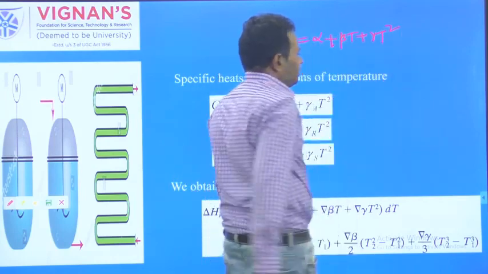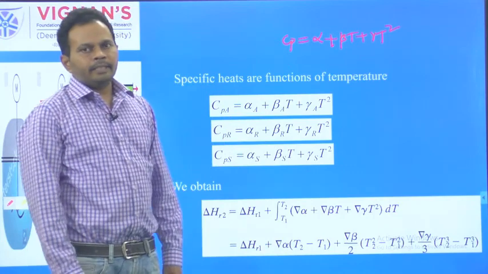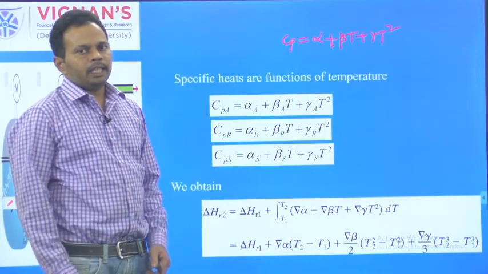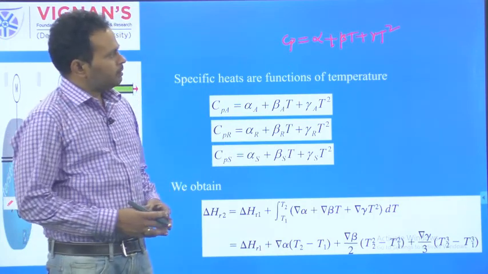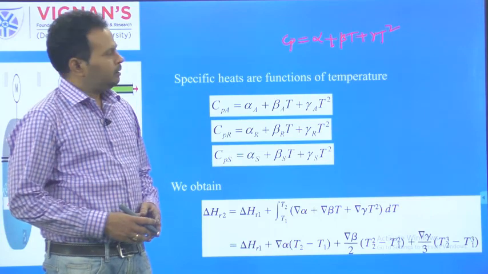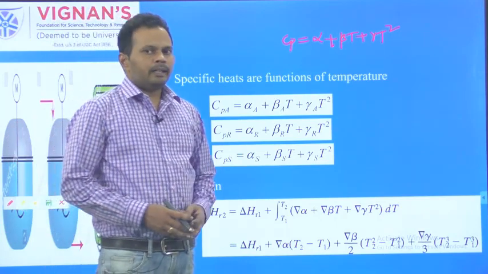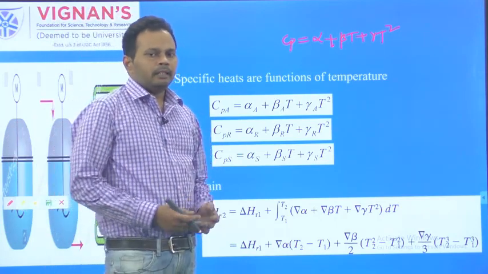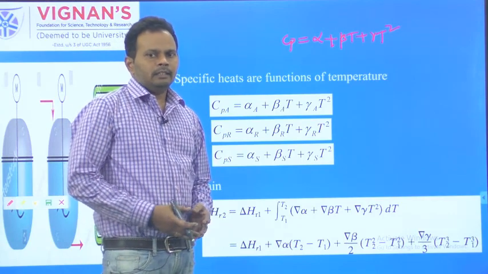This is the relationship between specific heat and temperature for the reacting components. Here alpha, beta and gamma values depend on the reacting component, whether it is a reactant or a product.